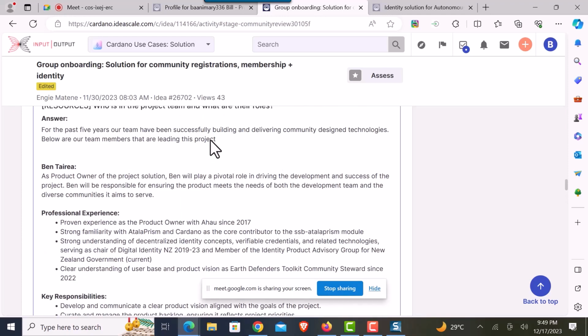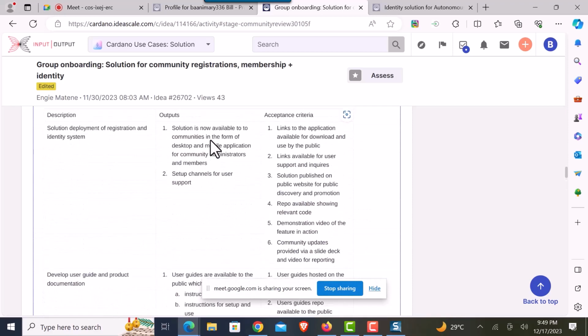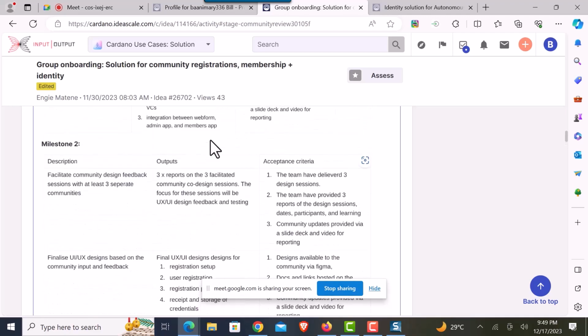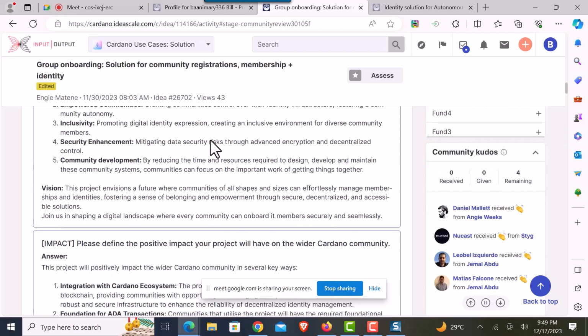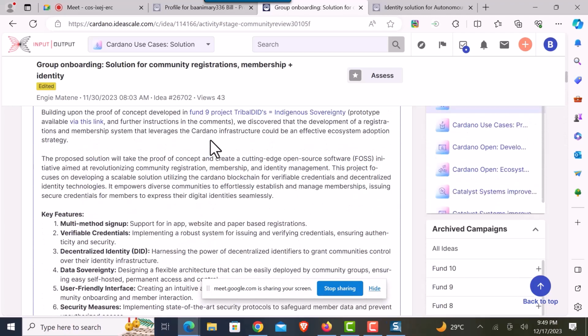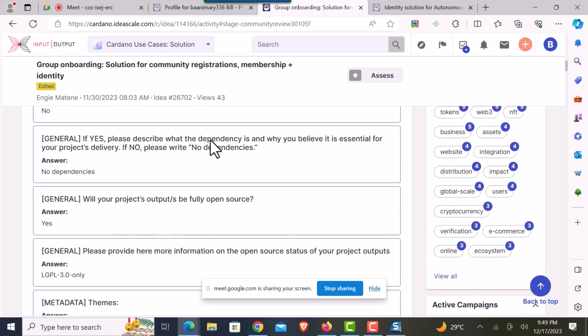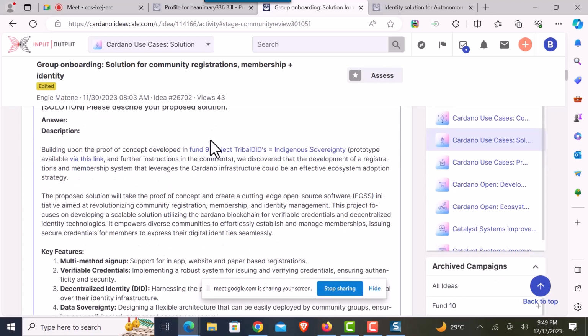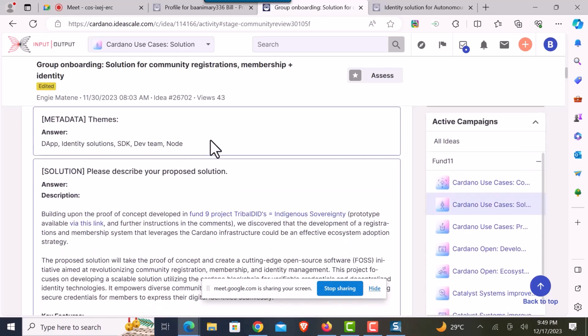Okay, so now what again we can talk about is the goals, because we are looking at impact. Are the goals really, how will I put it, something like a reality? Can they be achieved? And even if they can be achieved, do they have any benefit to the Cardano ecosystem?